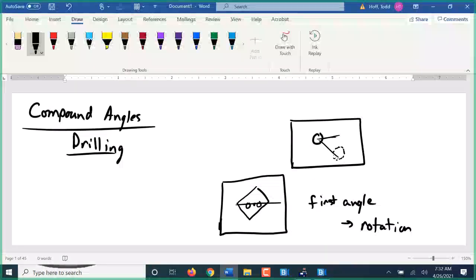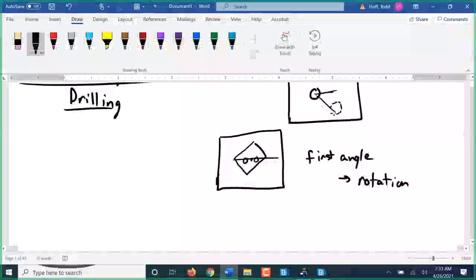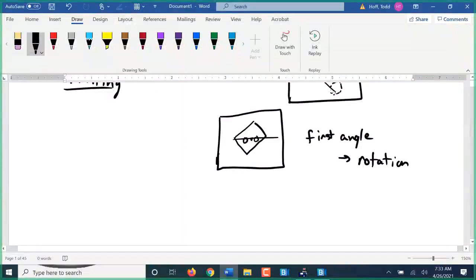You have to rotate the part so that those two holes are lined up side by side or perpendicular to the axis of the drill press. Now, of course, those holes are still not directly above each other.